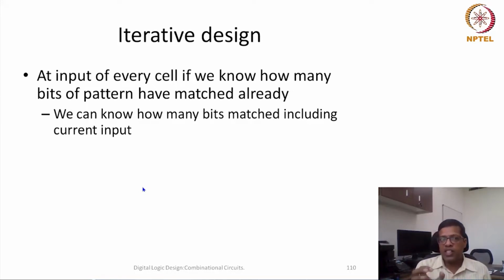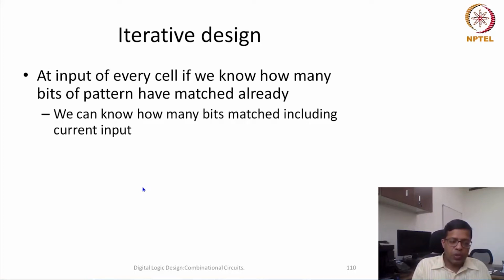If we have such a generic input and output, then we can have this iterative cell starting from bit 0, bit 1, bit 2, bit 3, and this can go on for n bits. So somehow we have to create and process this information, how many bits have already matched.